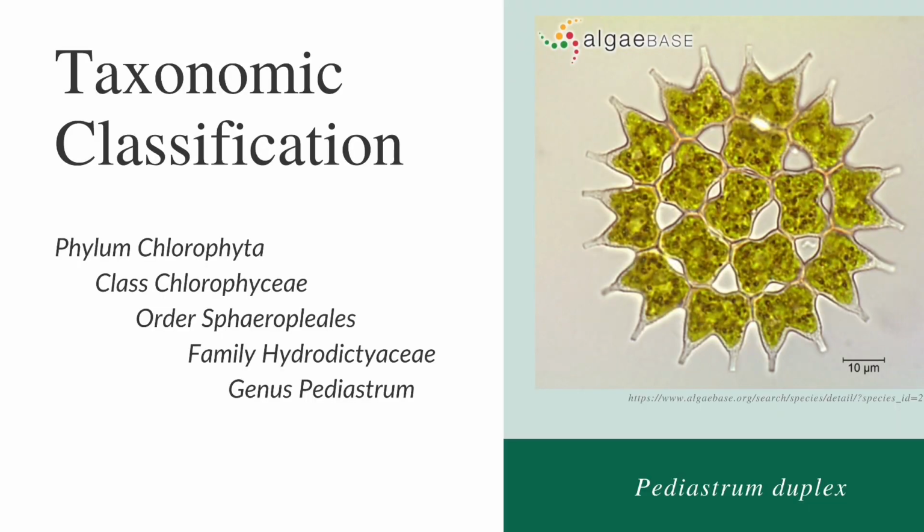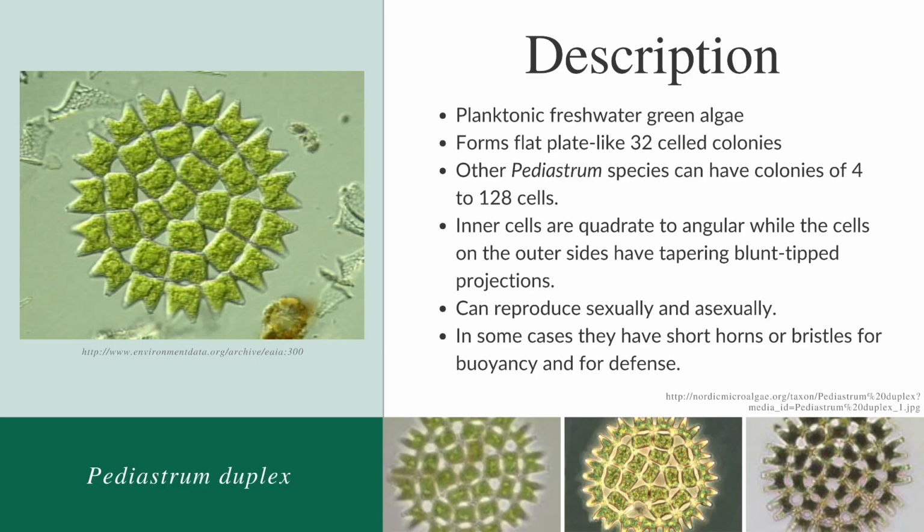Now let's move on to the next species, which is Pediastrum duplex under the family Hydrodictyaceae. These are planktonic freshwater green algae that can form flat, plate-like 32-celled colonies. Other species of Pediastrum can have colonies of 4 to 128 cells.